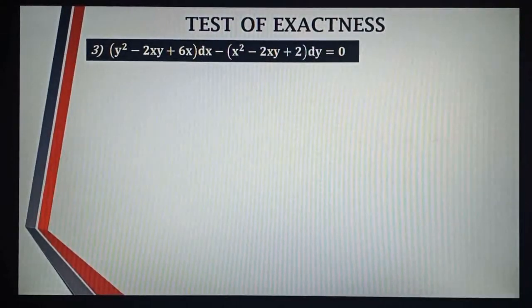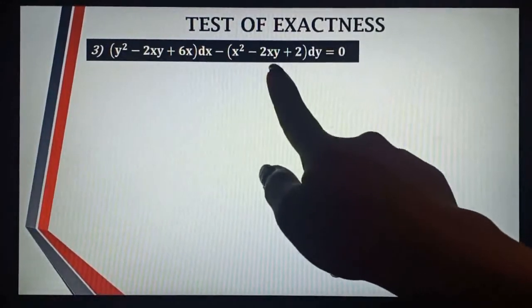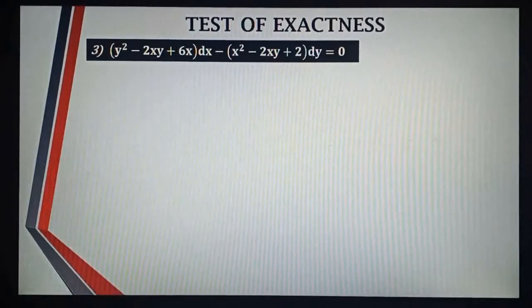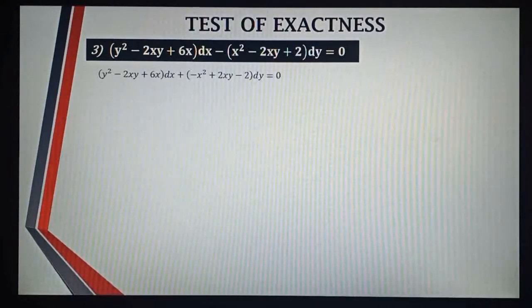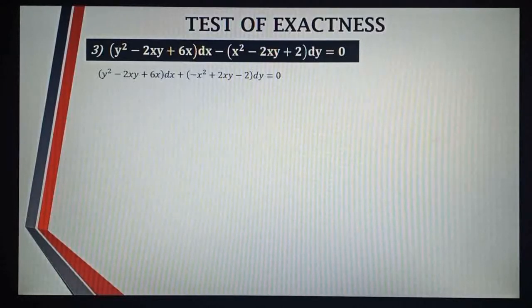So you have to distribute first the negative sign to the second term. So your new equation is the quantity of y squared minus 2xy plus 6x multiplied to dx plus the quantity of negative x squared plus 2xy minus 2 multiplied to dy equated to 0.